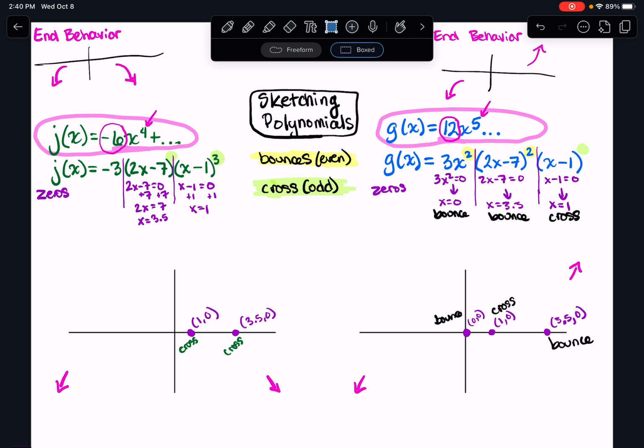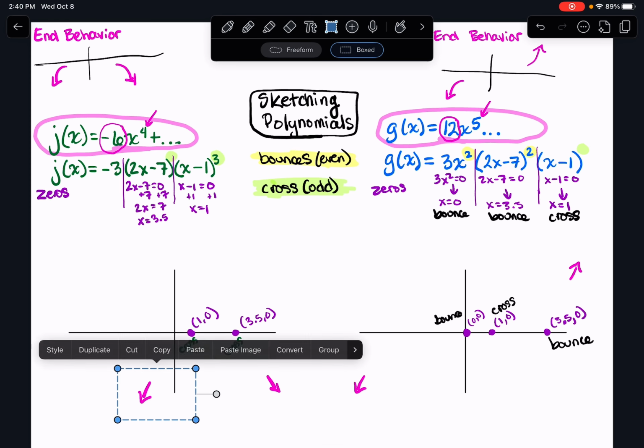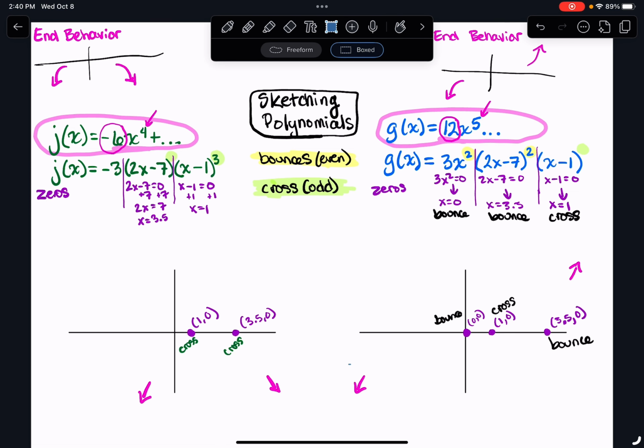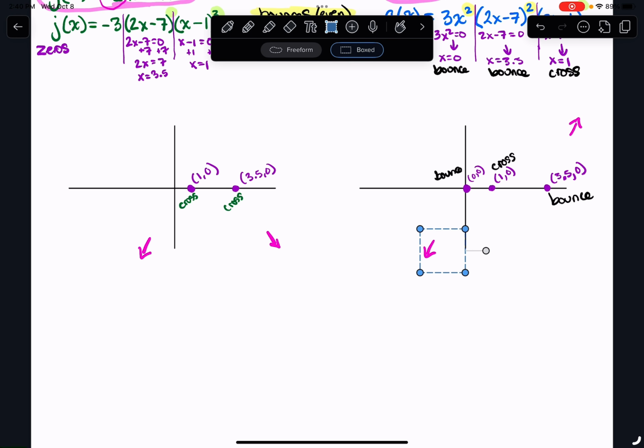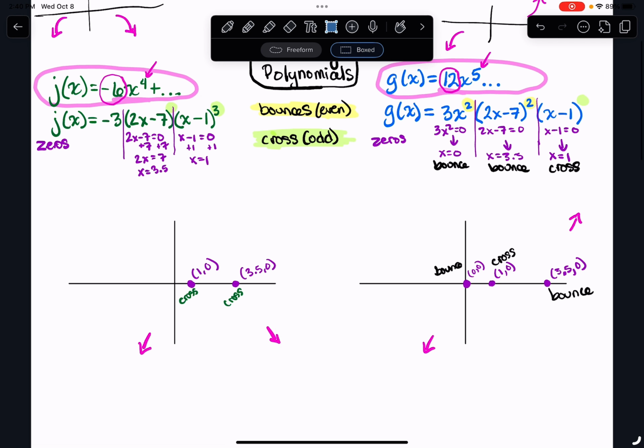Once I have all this information, this is when I'm finally going to actually connect the dots. I have my end behavior, I have my zeros, I know where I'm bouncing, I know where I'm crossing, so I'm just going to follow my own instructions. I'm going to start at my left end behavior, and actually let's make this green to match our function. Start at my left end behavior.